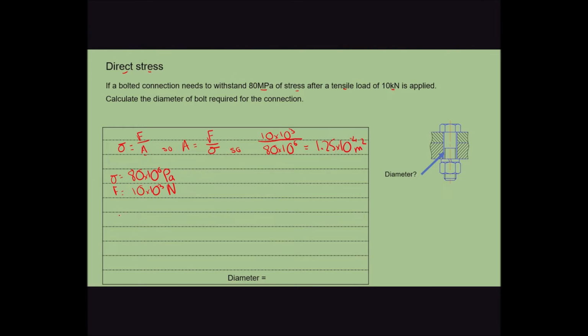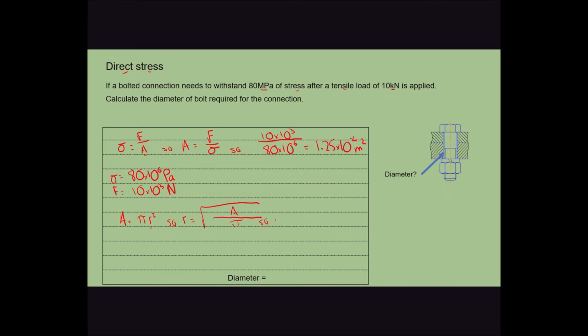Now what I'm going to have to do is have a little think about my area calculation. Bolts are round, so the area of that is going to be pi r squared. So I've got my area, pi is a constant, the square's a constant, so the only thing that I don't know is the radius. So I'll rearrange the formula. So radius is equal to the square root of the area divided by pi.